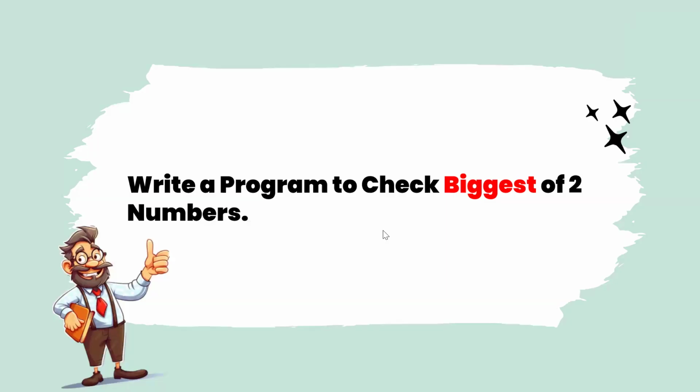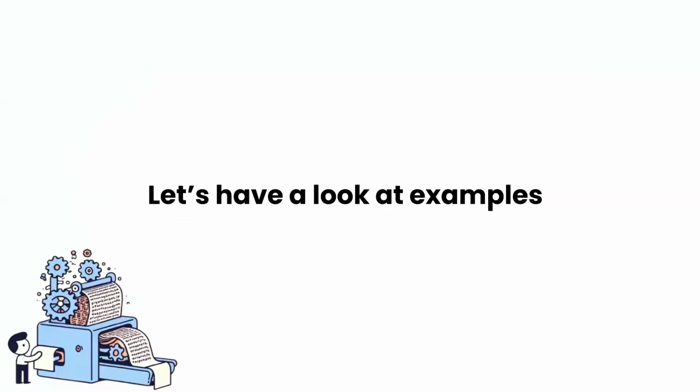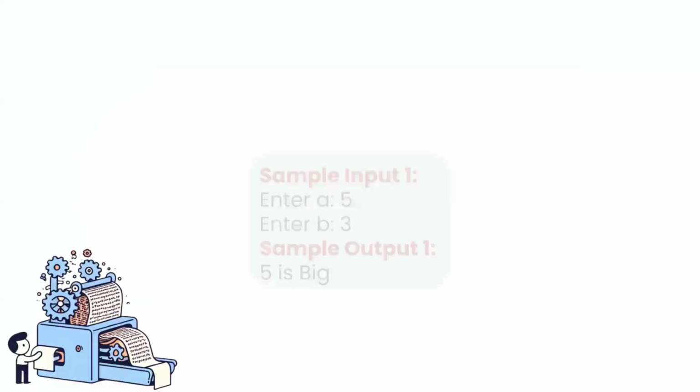Right, so let's see. Let's figure out how many outcomes we'll have. Let's understand it with the help of examples.